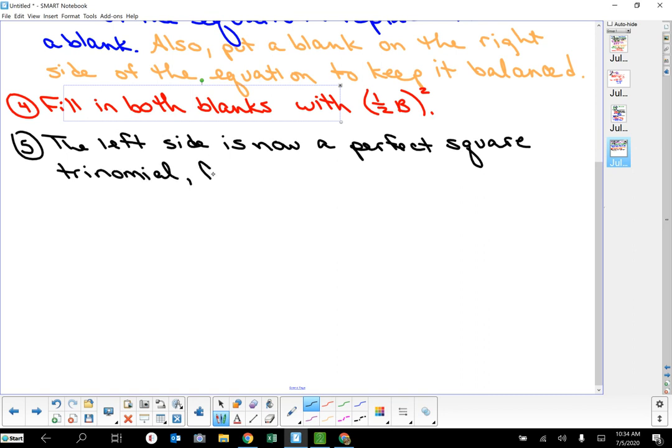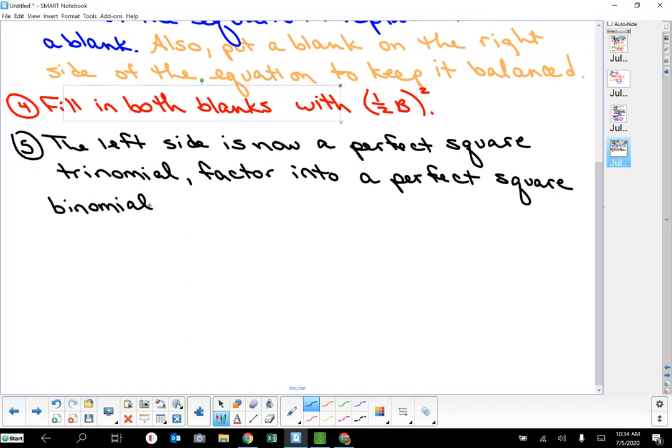So you're going to factor that into a perfect square binomial. You know, what the previous 15 minutes of this lecture entailed. And on the right side, just do the math.